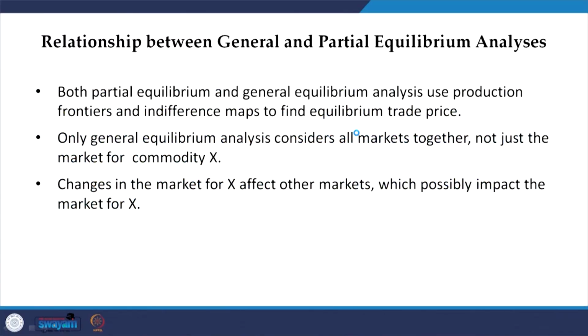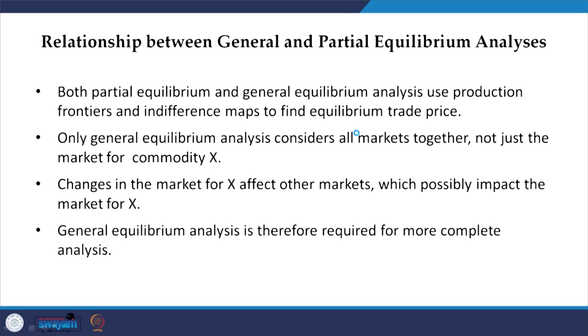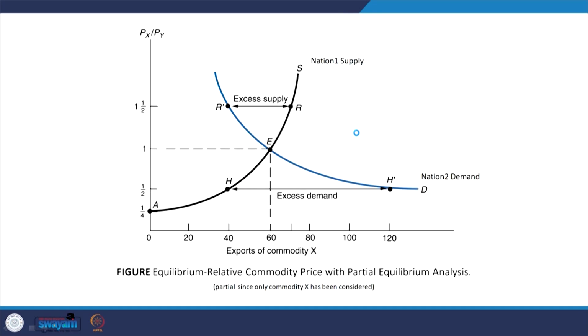Changes in the market for X affect other markets, which possibly impact the market for X. So, general equilibrium analysis is required for a more complete analysis. Now, more precisely we can interpret the equilibrium relative price in a partial equilibrium setup with simple demand and supply. We did not explain it earlier, so let us explain it here.